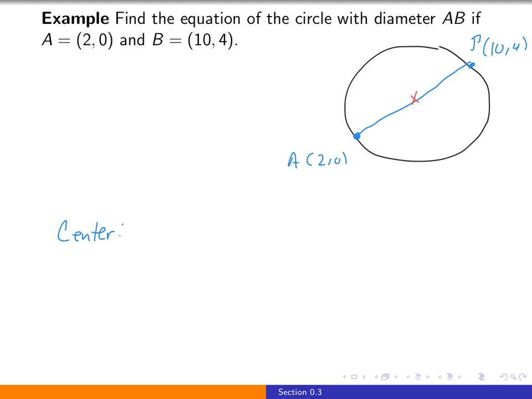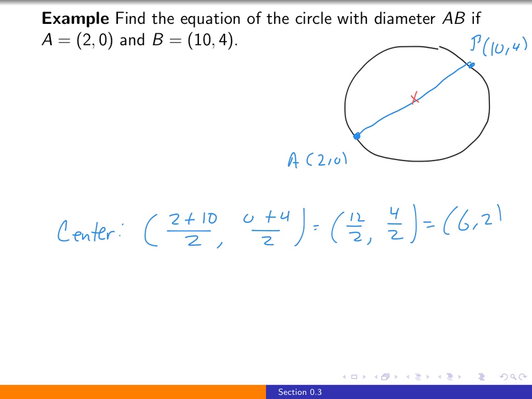So the midpoint in coordinates will have a first coordinate, which is the average of the 2 x-coordinates of the points, and the y-coordinate should be the average of the y-coordinates of the points. So it will be the point 12 over 2, 4 over 2, which is 6, 2.